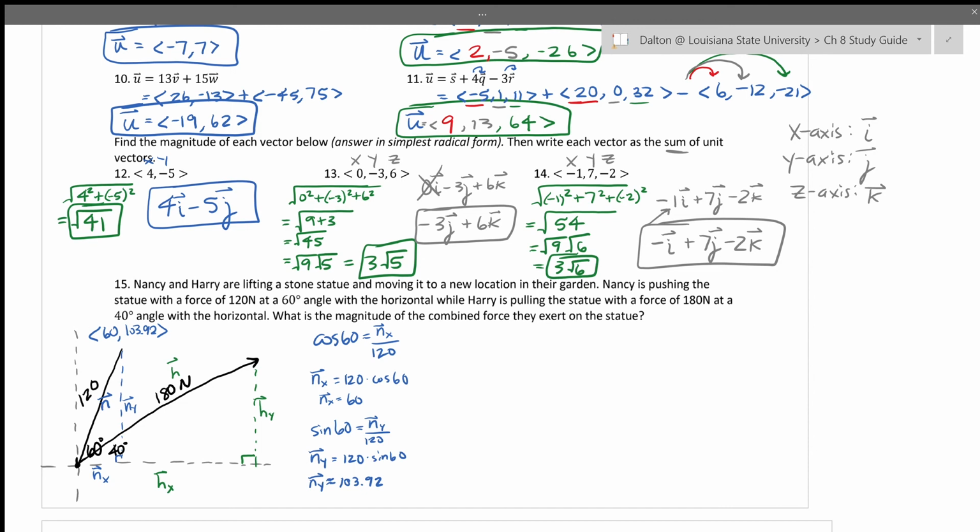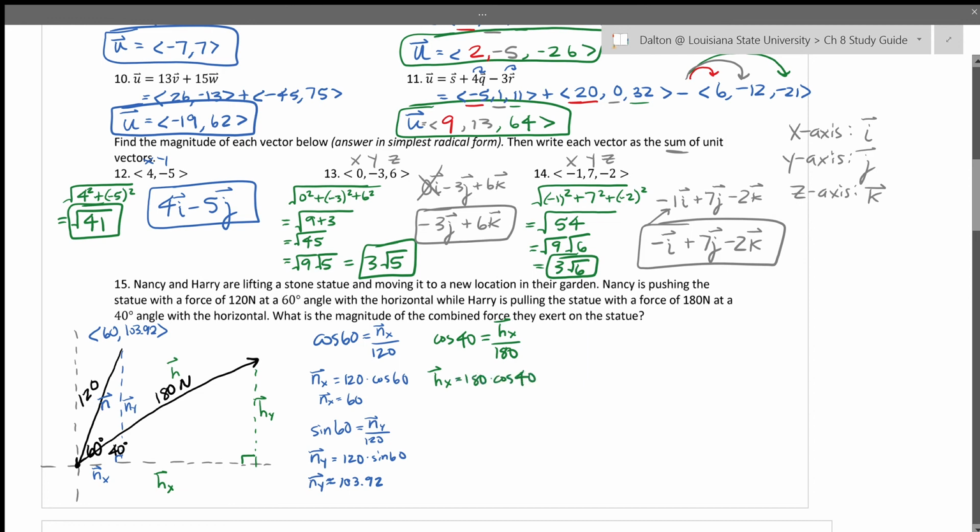So I'm going to repeat the exact same math that I did for Nancy, except I'm going to plug in Harry's numbers instead. For the x component, the cosine of his angle, 40 degrees, is going to equal, I'm just changing my variable here to h for Harry, vector H sub x over his force, 180. So when I solve for it, I get h sub x is equal to 180 times cosine 40.